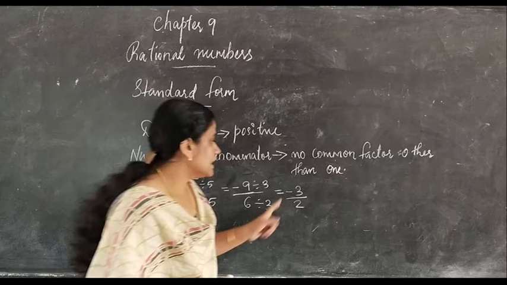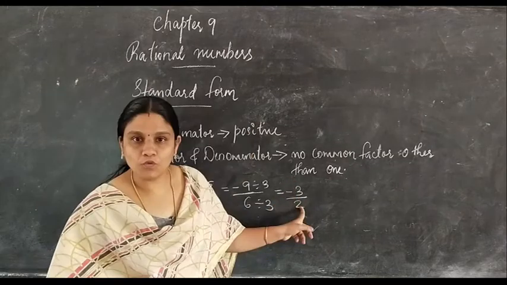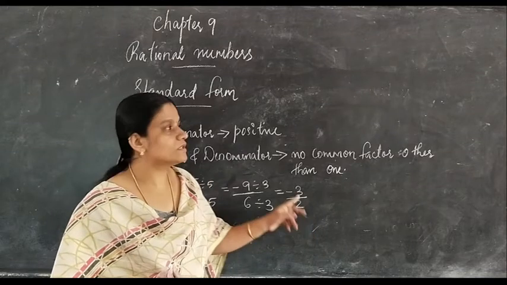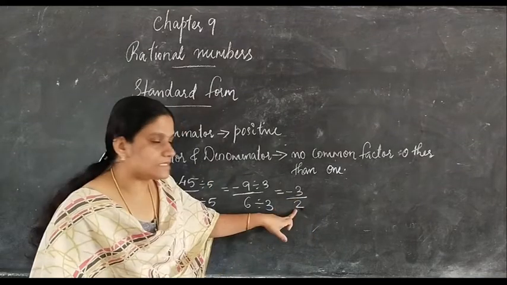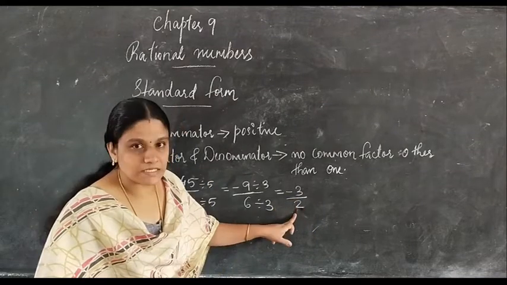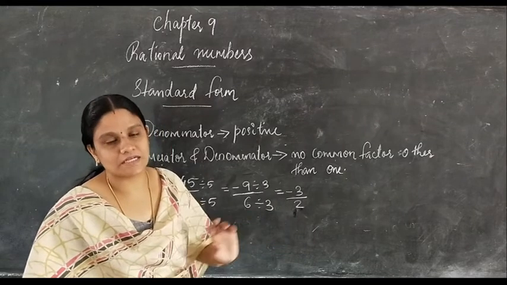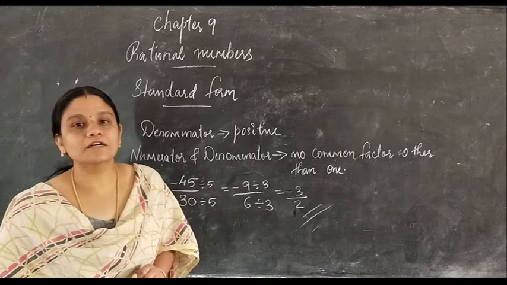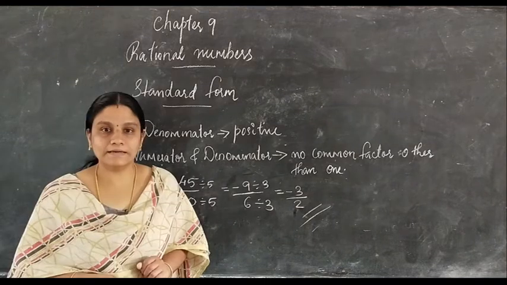Now look at negative 3 and 2. There is no common factor other than 1. So the two conditions are satisfied: the denominator is a positive integer and the numerator and denominator have no common factor other than 1. Therefore, negative 3 by 2 is the standard form of the rational number.